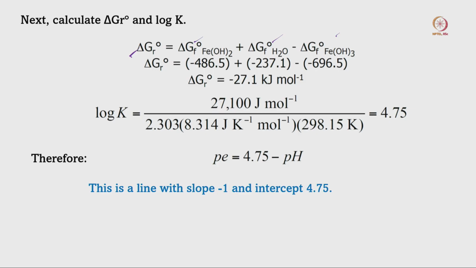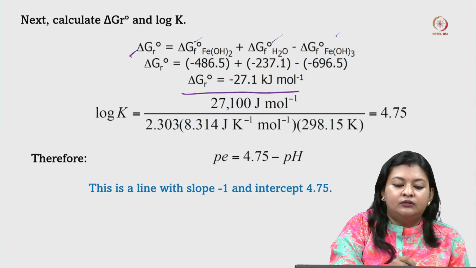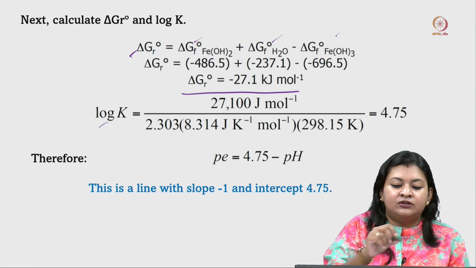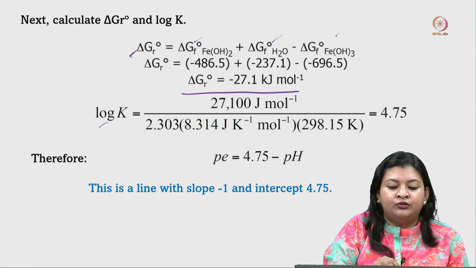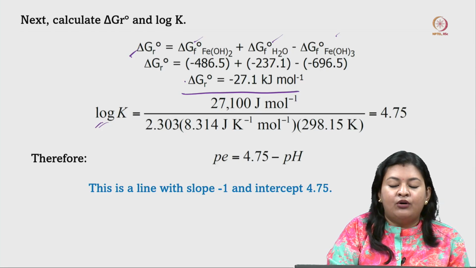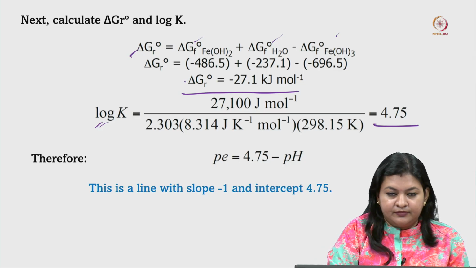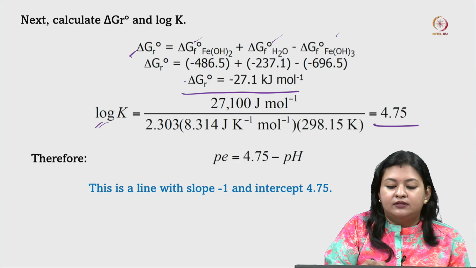So, it is delta G0 F of FeOH2, delta G0 F of H2O, delta G0 F of FeOH3, and we find out this is the delta G0 R. Now, we know the log K, that is delta G0 R divided by 2.303 RT. So, from here delta G0 R we calculate what is my log K value, and this comes to 4.75. So, just substitute that value.